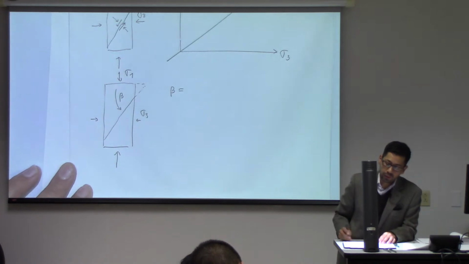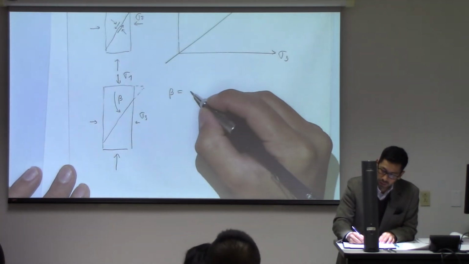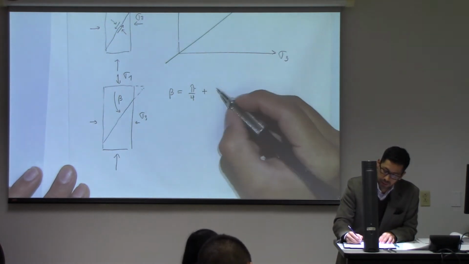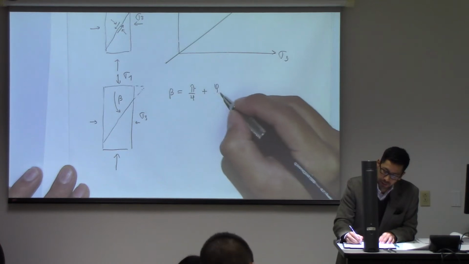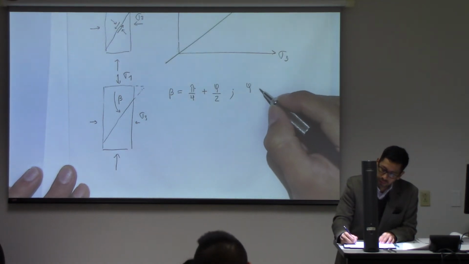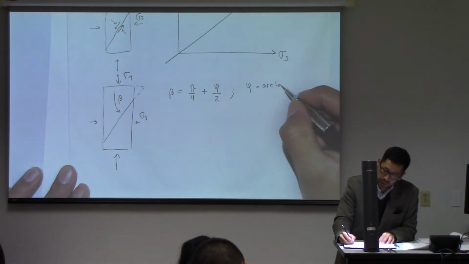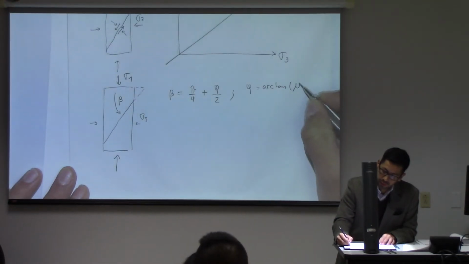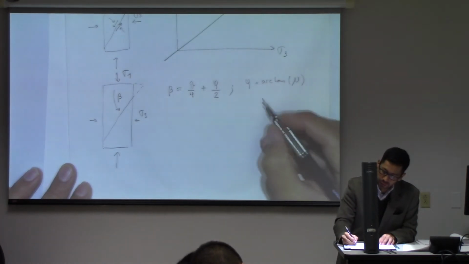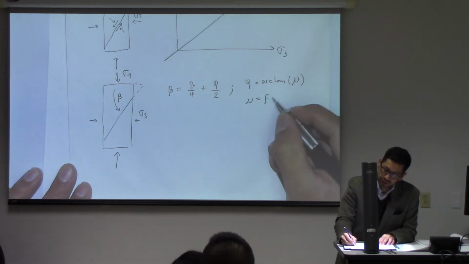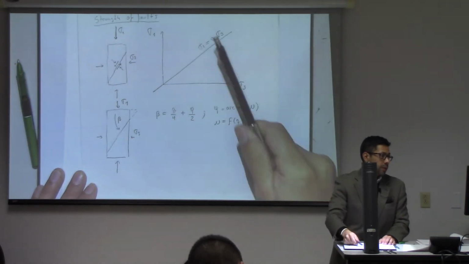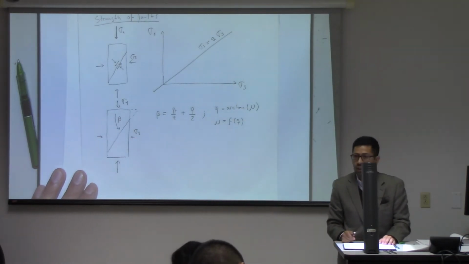And beta was equal to 45 degrees plus the friction angle divided by 2, where the friction angle was the arc tangent of the friction coefficient, and I don't remember the equation for Q, but the friction angle is a function of Q. Okay, so if you know what is Q, you know what is the friction coefficient.